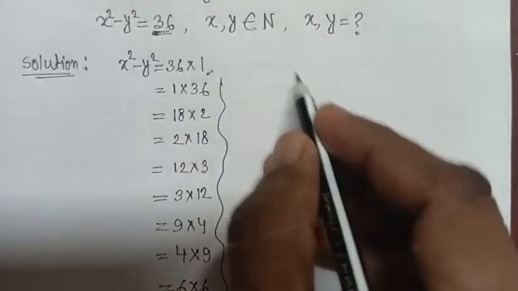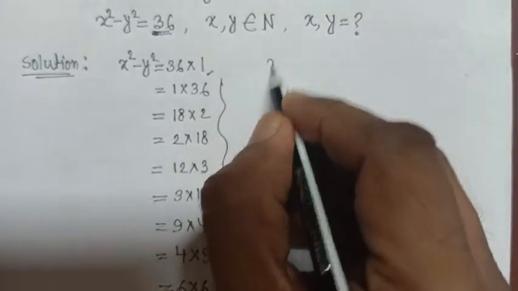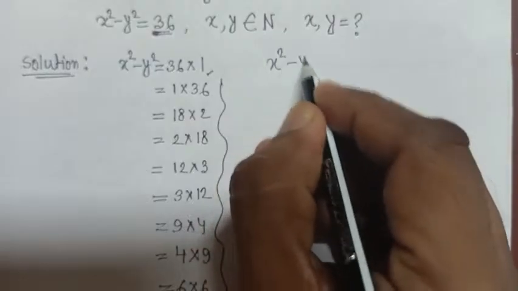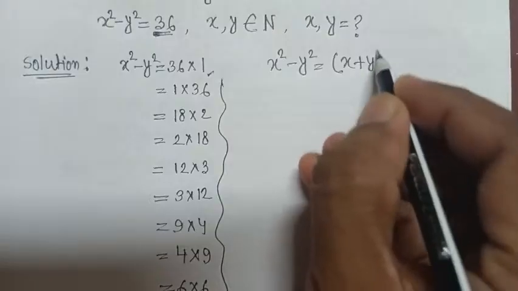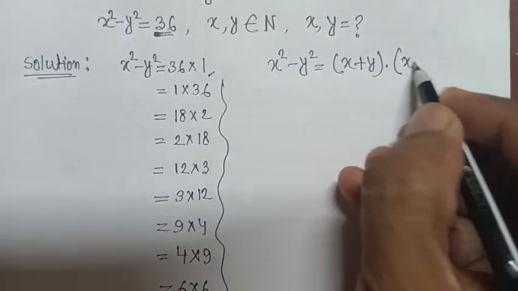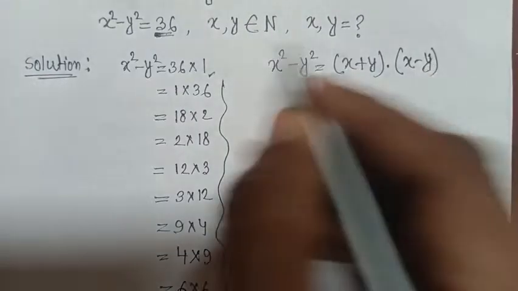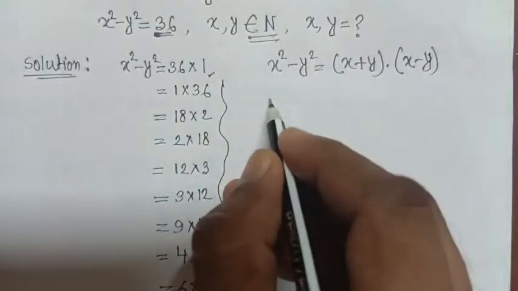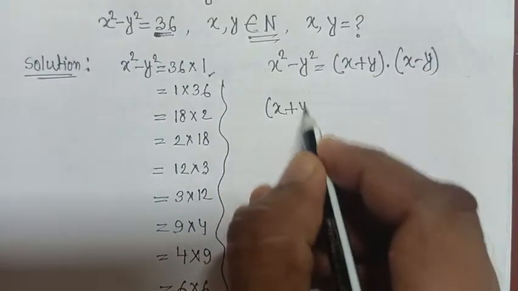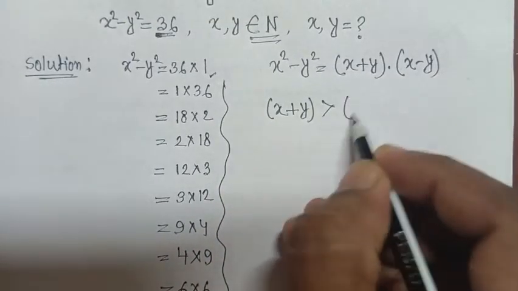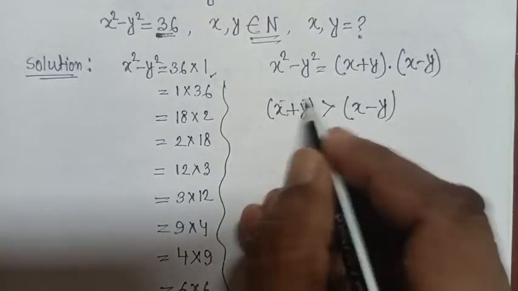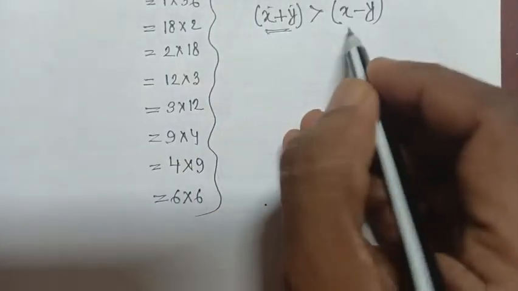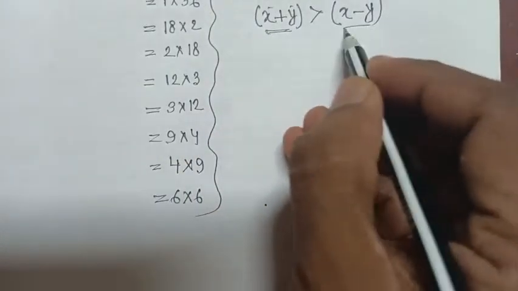Now if we check, if we express that, we know x square minus y square is equal to x plus y into x minus y. For every natural number, it should follow that x plus y is greater than x minus y. For any natural numbers x and y, x plus y should always be greater than x minus y.